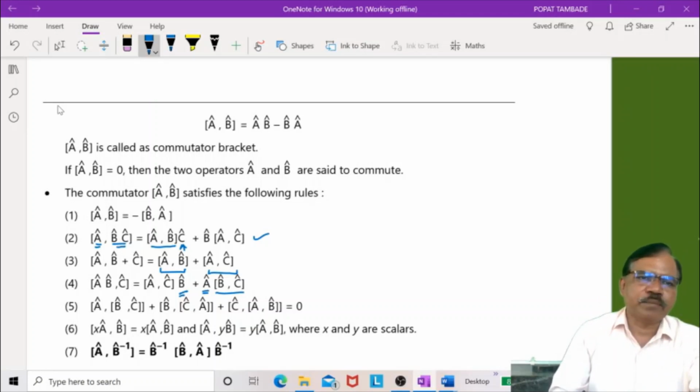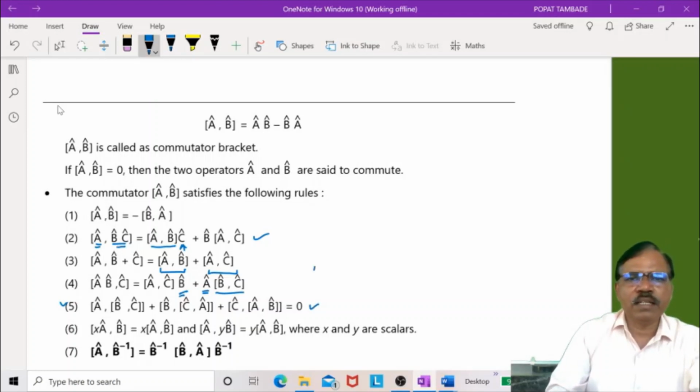Now if we see this fifth one, commutator [A, [B, C]] plus commutator [B, [C, A]] plus commutator [C, [A, B]] will be equal to 0.